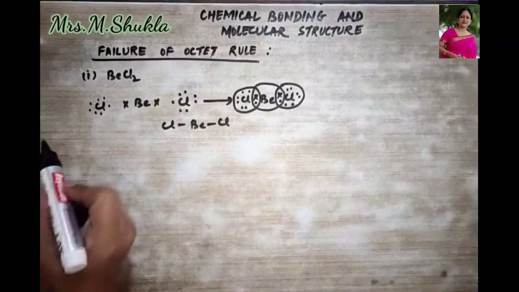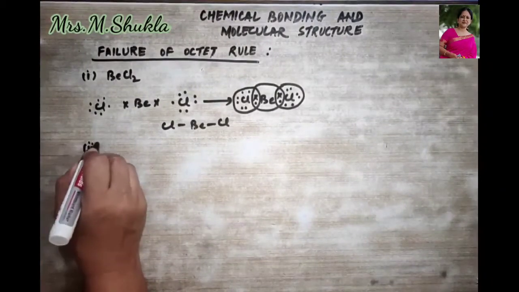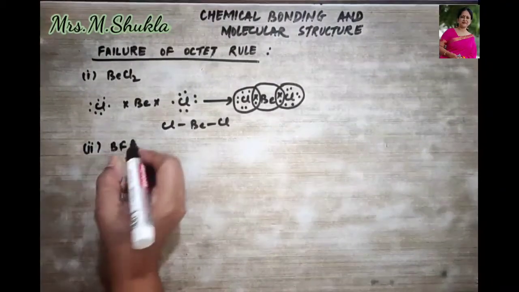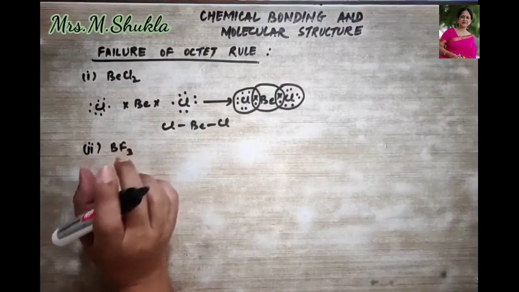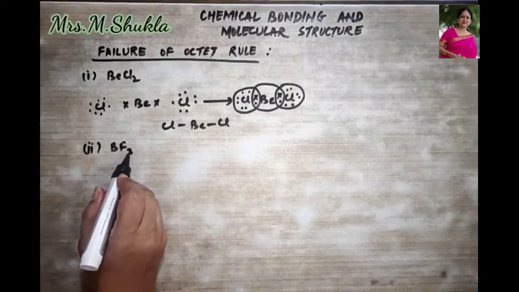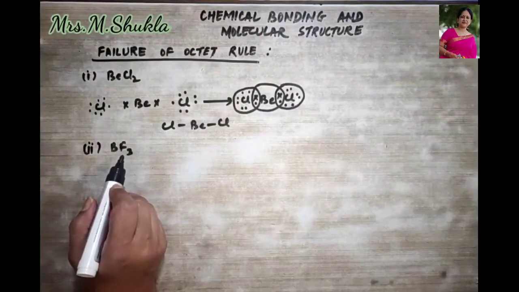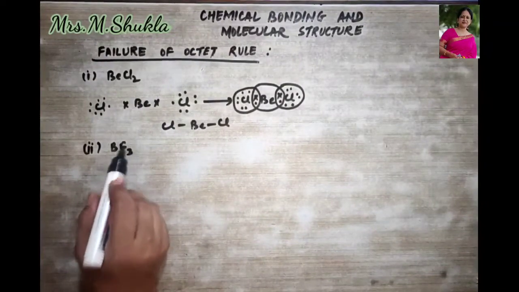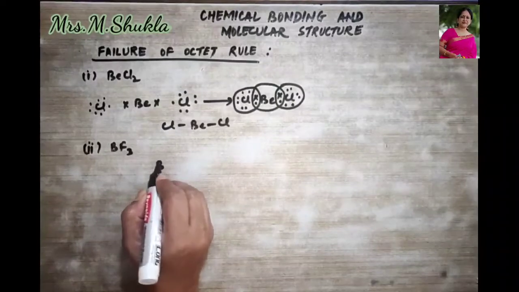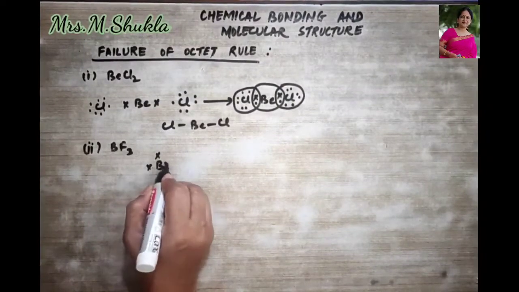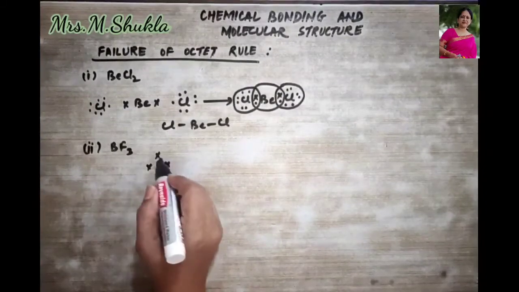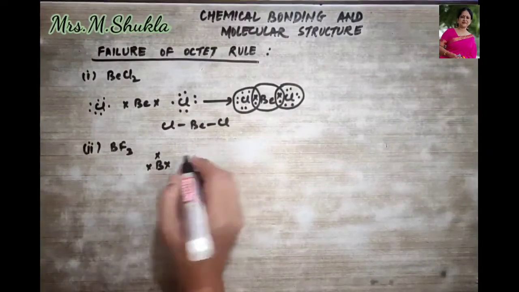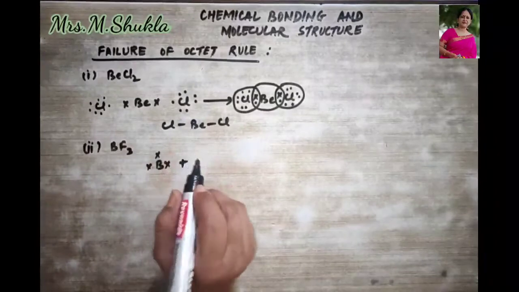Then next, let us come to another example: boron fluoride. Boron combines with 3 single covalent bonds with the fluorine atoms. Boron has 3 valence electrons, and it is going to combine with 3 fluorine atoms, each with 7 valence electrons.